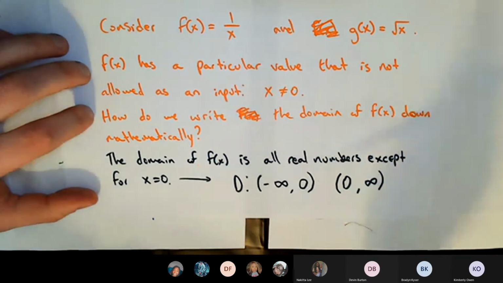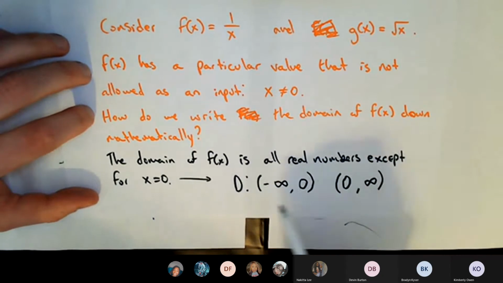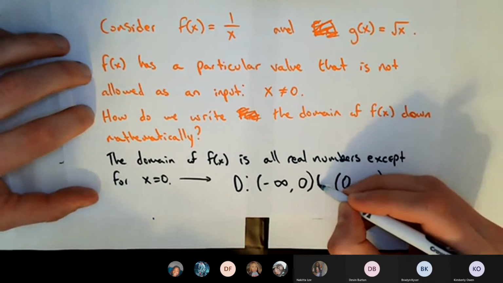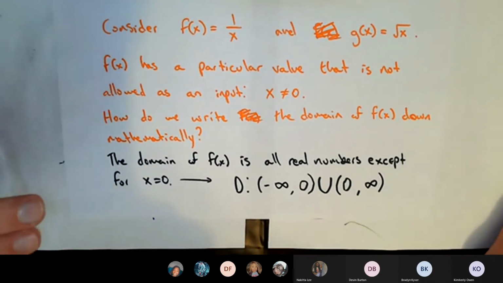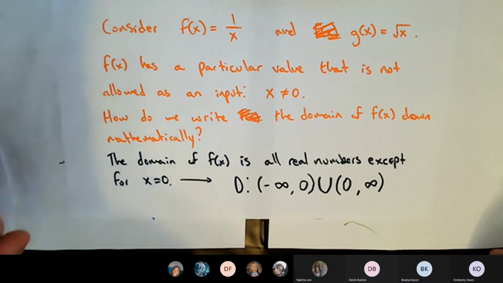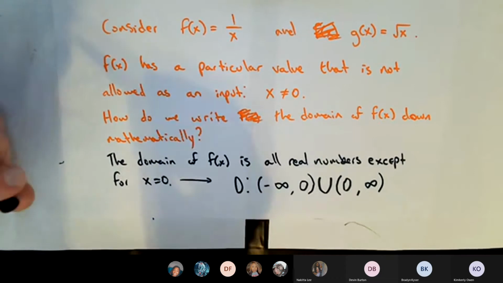So I'm getting infinitely close to 0, but not including it. And how do I stick these two sets together? I use this symbol called a union. If you've taken finite math, MS 110, you're at an advantage here because you've seen that symbol before. That's called a union symbol.